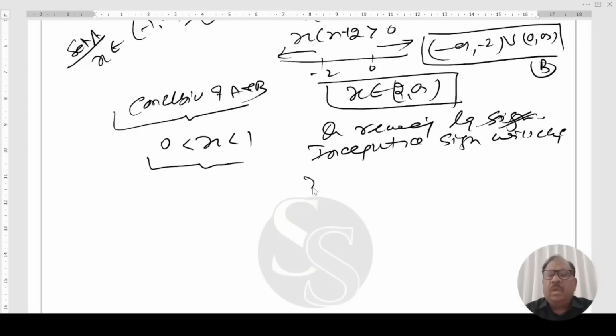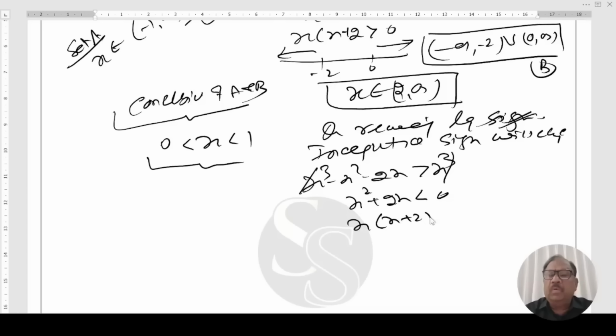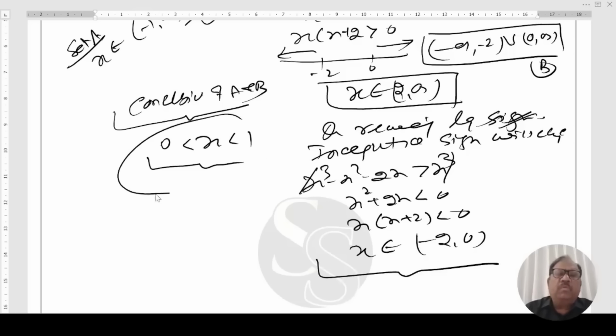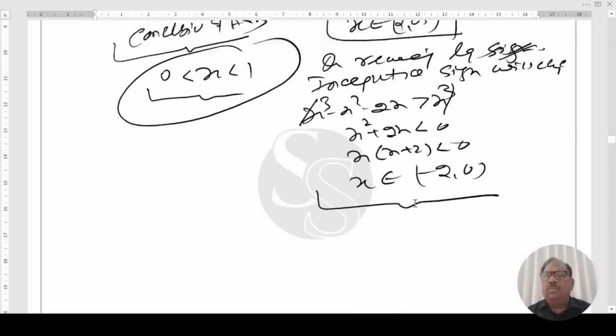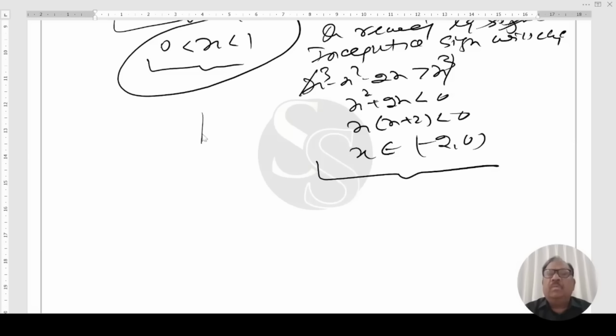Means x cube minus x square minus 2x less than x cube will become greater than. Right? x square plus 2x less than 0. x plus 2 less than 0. So x belongs to (minus 2, 0). Now, in this case we have considered this there as well. So common will be the null set.